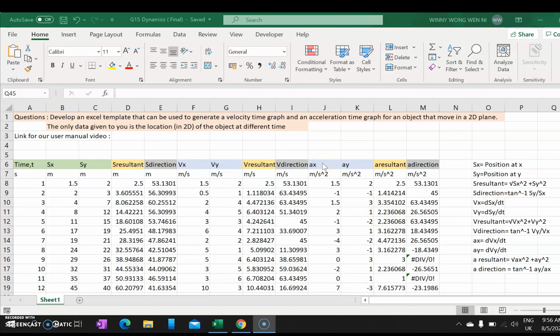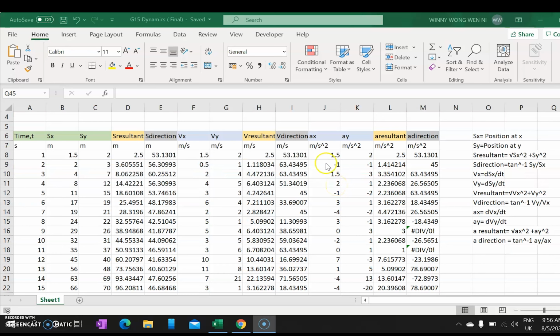So for the first one, which is the acceleration in x-axis, the formula we'll be using is the change in the velocity in x direction over the change in time.